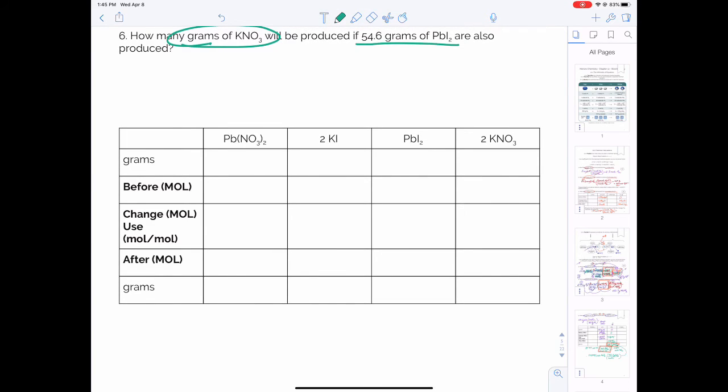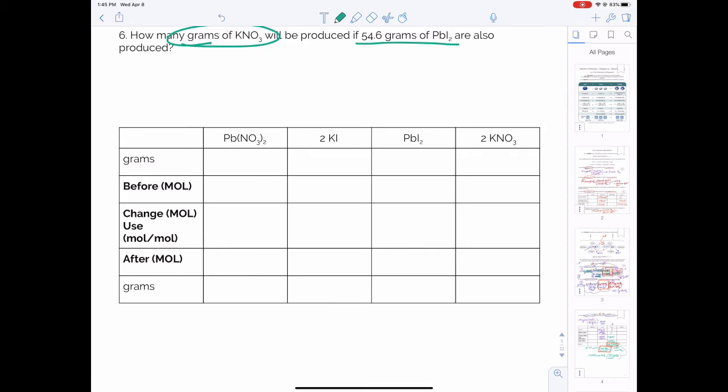So this problem here: how many grams of potassium nitrate will be produced if 54.6 grams of lead 2 iodide are also produced? The reaction has happened, and afterwards I have 54.6 grams of PbI2. What I want to know is how many grams of potassium nitrate will also be produced?